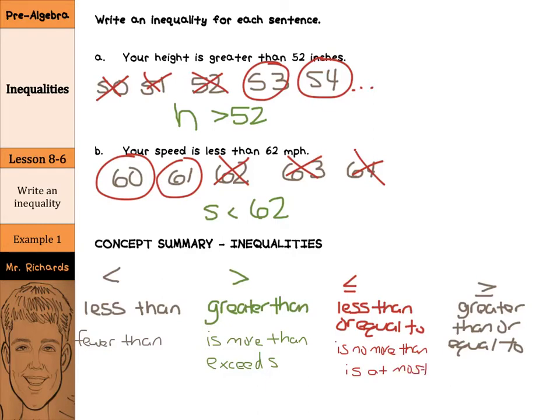And lastly, for greater than or equal to, we could say is no less than, as well as is at least. All phrases you may hear with each of these inequality symbols.